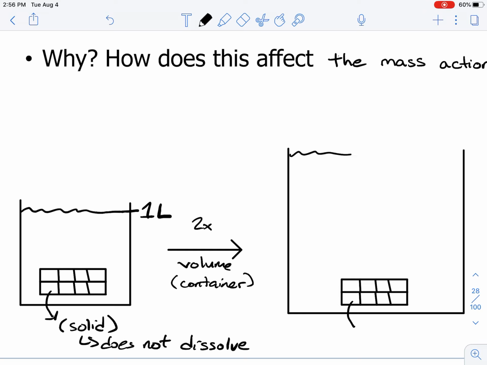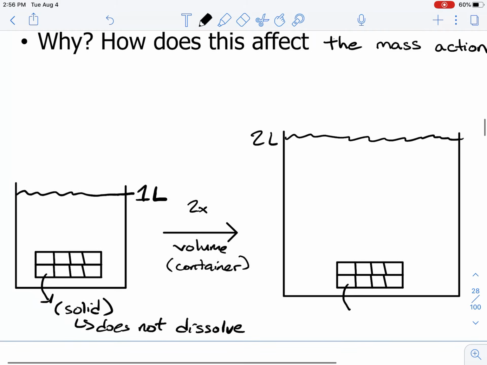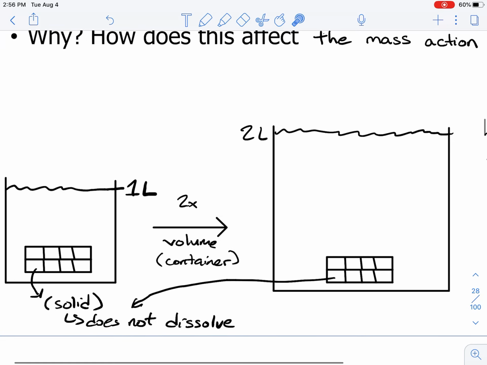And if I were to fill this to the top, for instance, and so this is 2 liters, once again, since the solid does not dissolve, okay, the volume of the solid is not dependent on the volume of the container, it's dependent on the volume of itself. And so therefore, its molar concentration is the same.